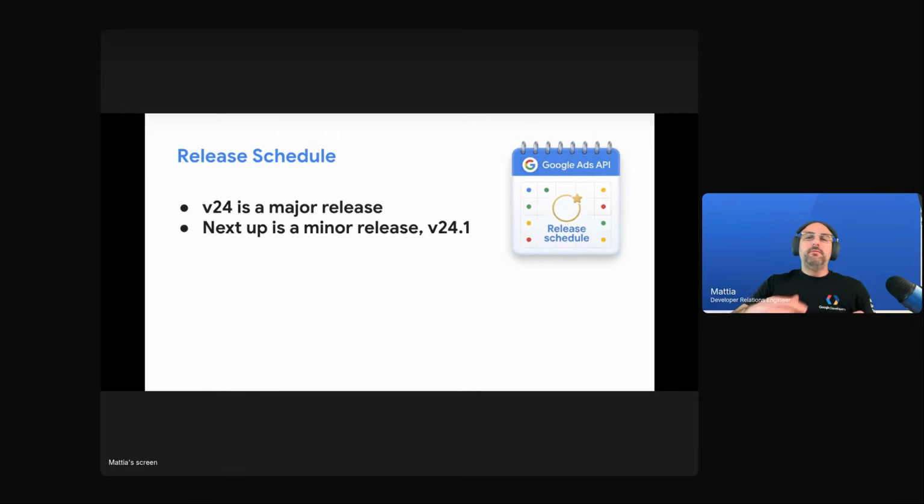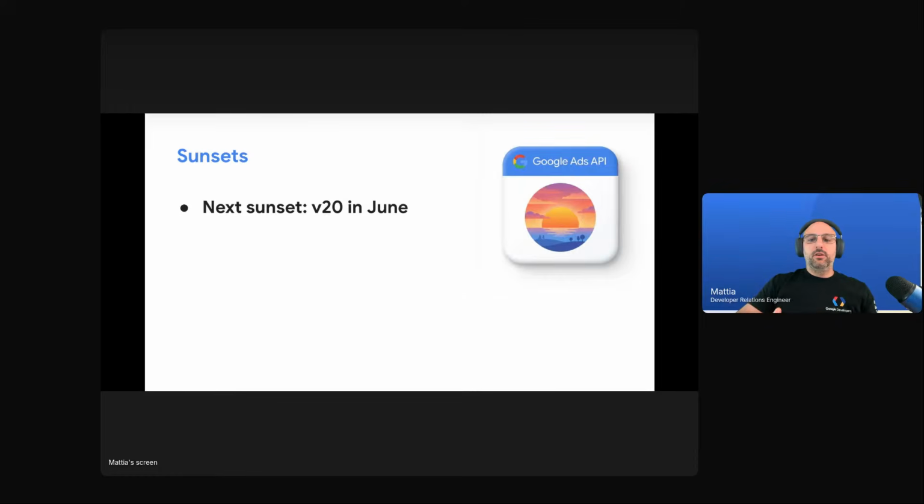So, as I always like to say during our live events, we changed recently the release schedule of our new API versions, but we didn't change the sunset schedule. So we do sunsets once a quarter. I was saying we do sunsets once a quarter, and we have one coming up in June.